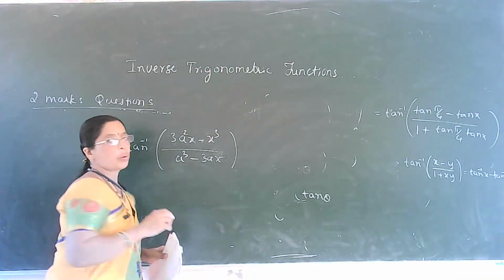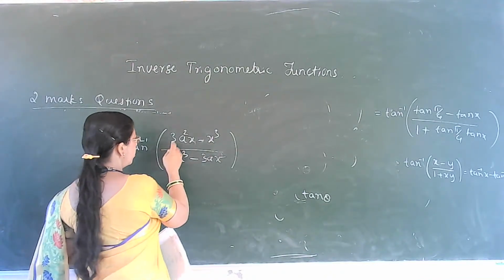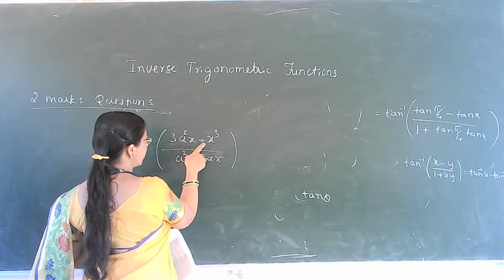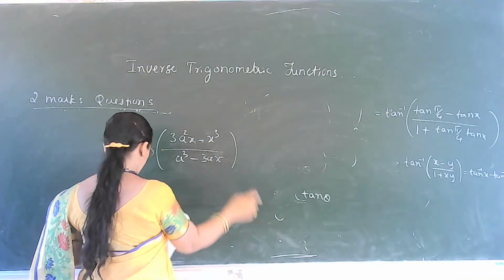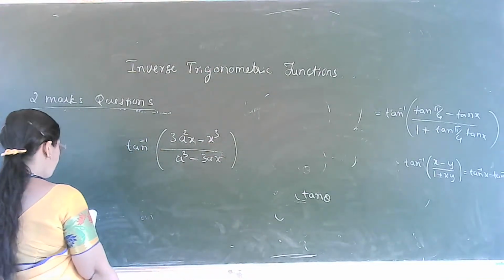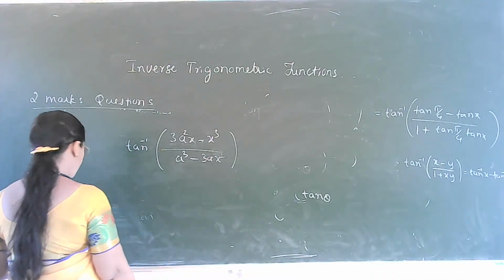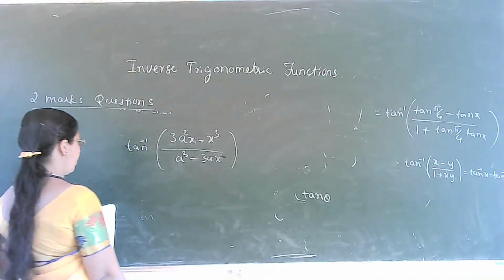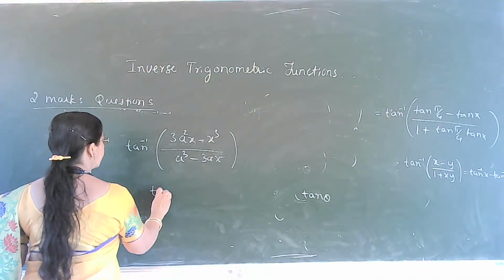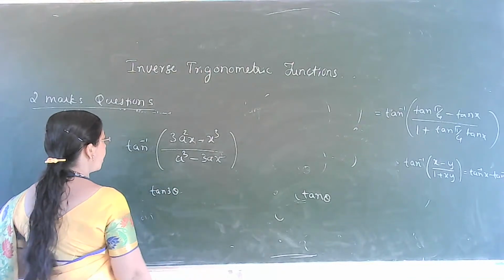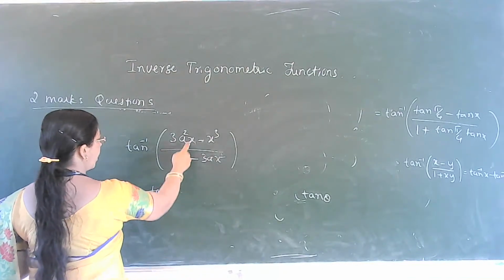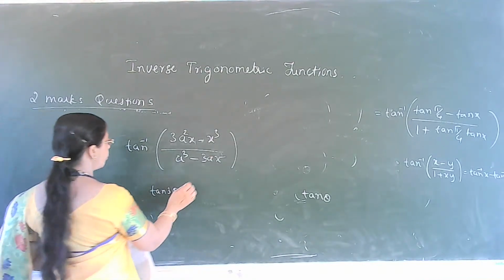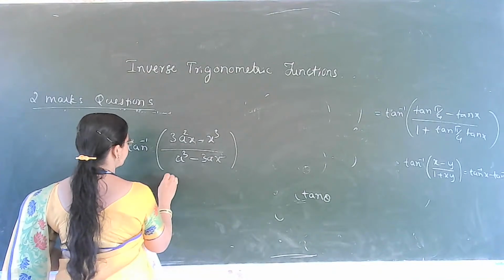By glancing at this problem, you know that 3a square x minus x cube divided by a cube minus 3a x square is the formula of tan 3 theta. Therefore, we put x equal to a tan theta.